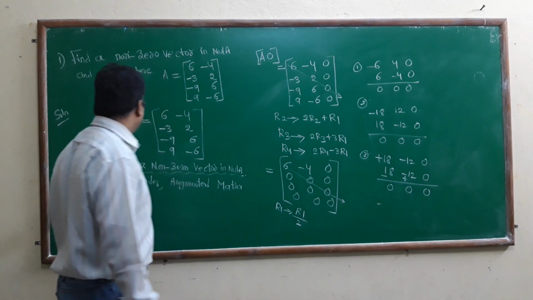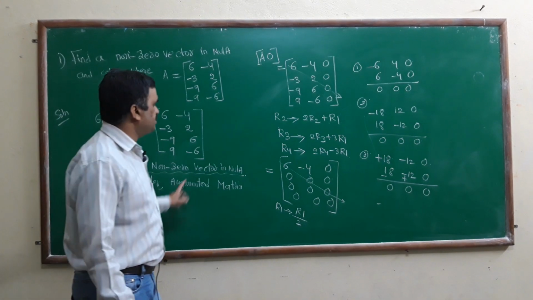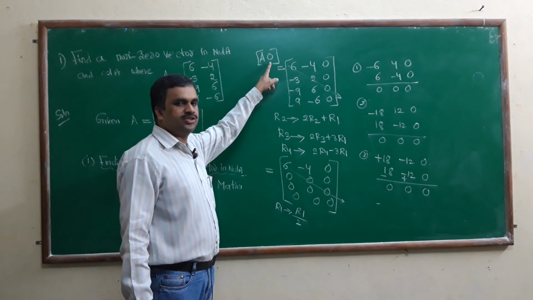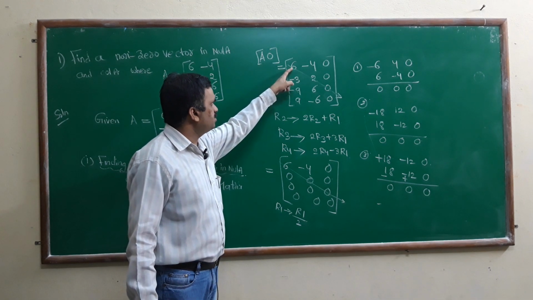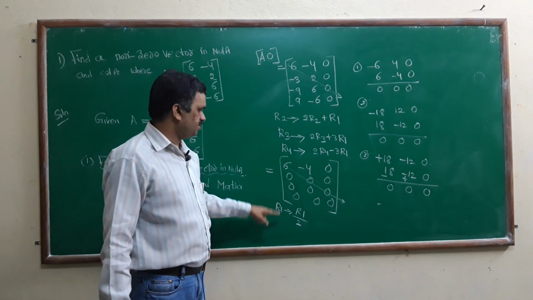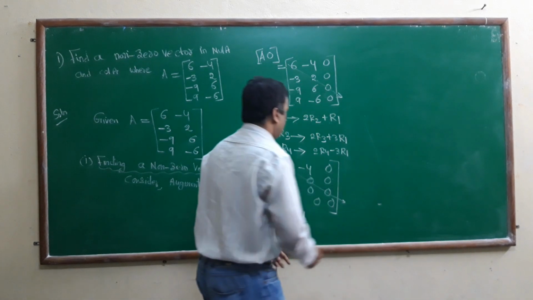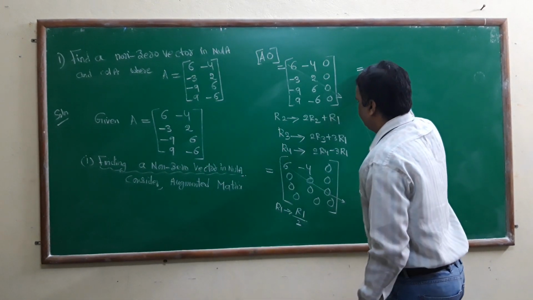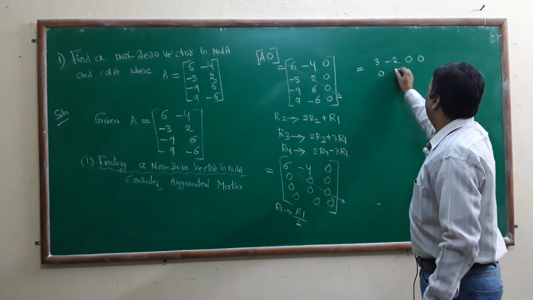So once again, to find a non-zero vector in Nul A, the process is to consider the augmented matrix [A 0], where A is a matrix and 0 is the zero column, and make the elements below zero with suitable row operations. Now R1 by 2 gives 3, -2, 0, and the remaining elements are all zeros.